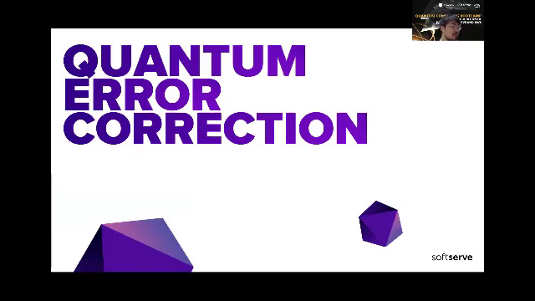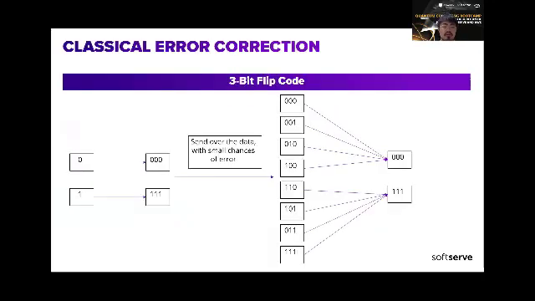This is another topic that we kind of touch upon, browse a little bit, but they didn't really go into detail. So one of the most classic examples for error correction in the classical computer is basically what you want to do is you have your bit, you copy it many times.